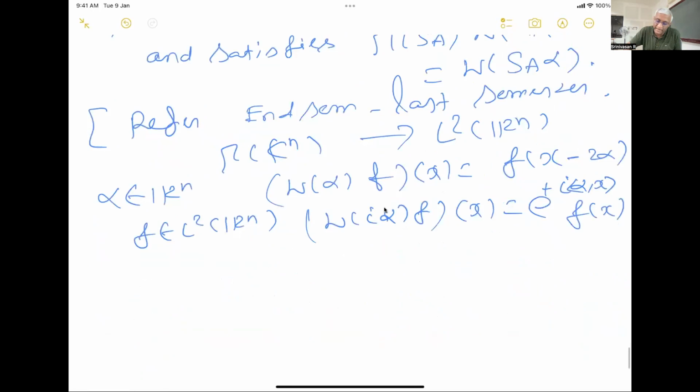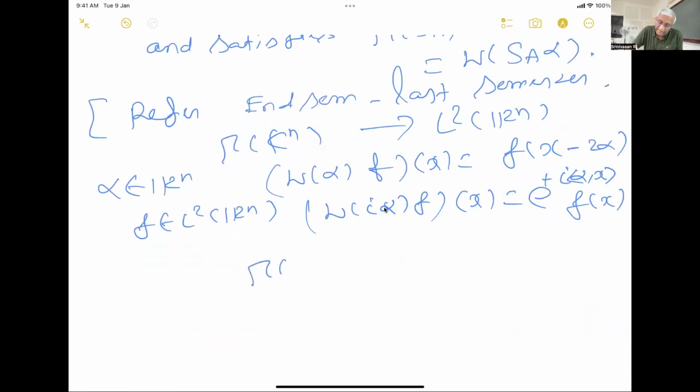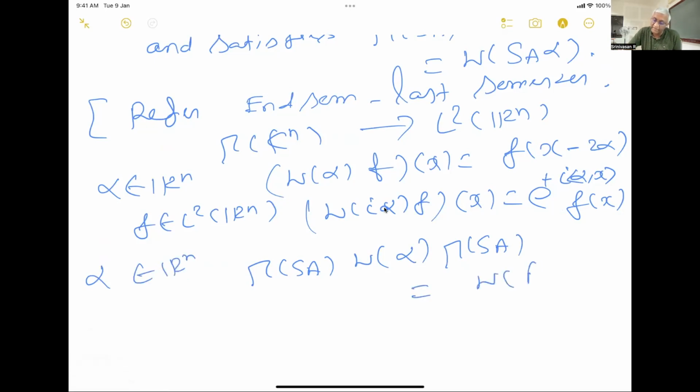From that, it will be clear that gamma of SA, then use gamma of SA, W of alpha, gamma of SA star for alpha real, alpha in Rn, it will follow that this is equal to W of A alpha. Just use the definition.